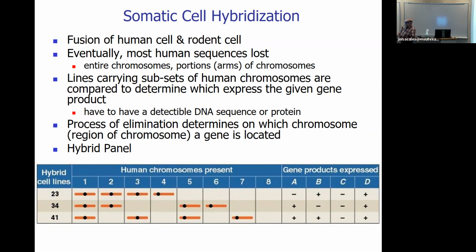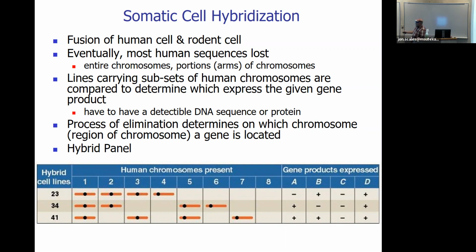And so here's just a little baby example. If you had 3 different cell lines numbered here, and you had in these cell lines, you had 1 through 7 of the human chromosomes represented, okay? And you're looking for 4 different genes, then you just sort of do a process of elimination, okay? So if we want to say, where is gene A, okay?